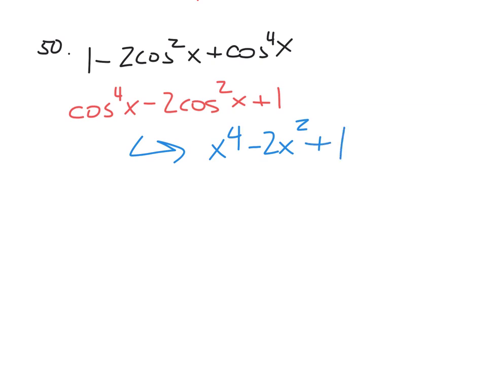You're welcome to change it into that as long as you remember that you have to change it back, instead of using x's, that we're really using cosine of x's. But really what we're worried about are the coefficients here. So that's 1 times 1 is 1, factors of 1 that add to give you -2: -1 and -1.